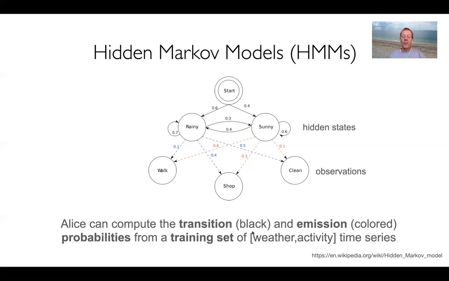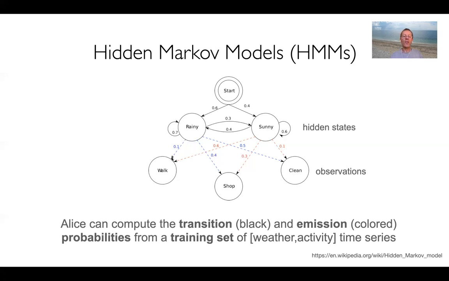And also, if she has some training data, some historical data from earlier in time, where she can pair Bob's activity with the weather that particular day. So she knows that 3 months ago, if the day was rainy, there was a 0.1 probability that Bob would take a walk and a 0.5 probability that he would clean his house.